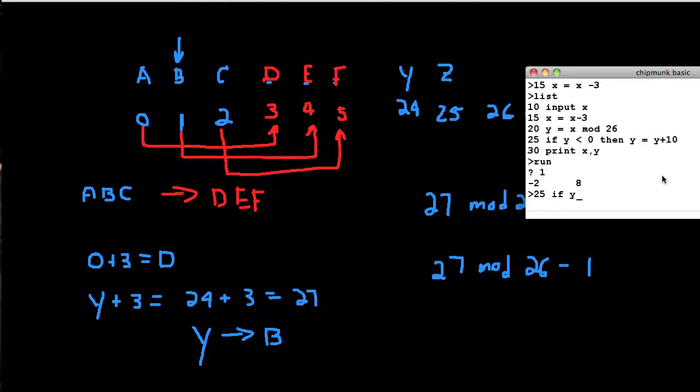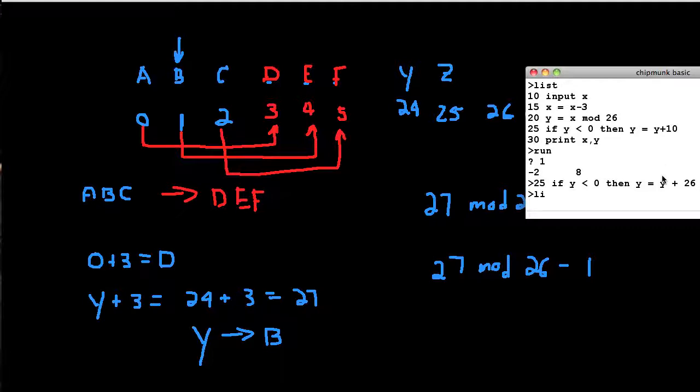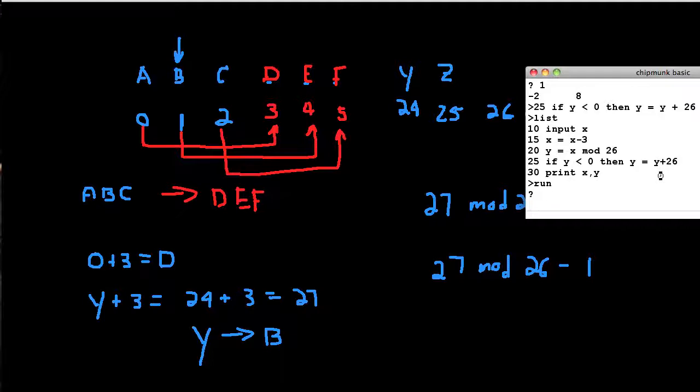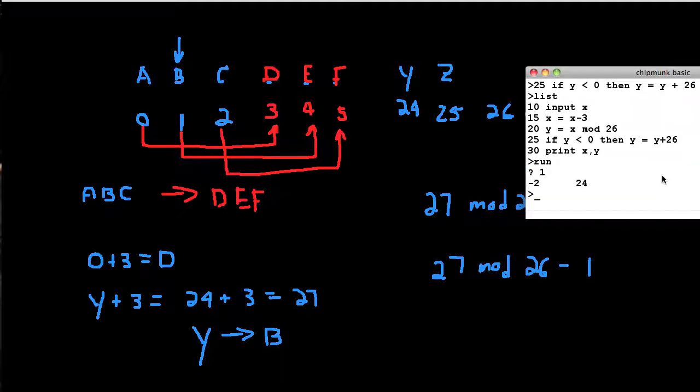If y is less than 0, then y equals y plus 26. Now list. Now let me try that, 1 and negative 3. So run. So I want to reverse the y. I put in 1, and now it gives me 24. So I had that mistake in the program right there.